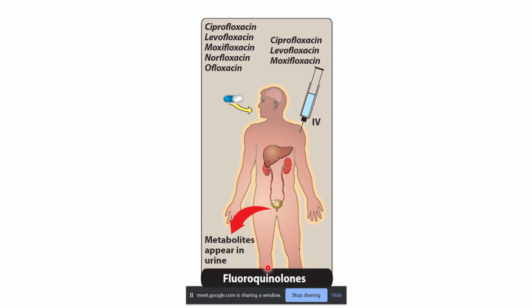As for pharmacokinetics, almost all of these antibiotics can be given orally or intravenously. Norfloxacin and ofloxacin are only available orally, and all of them are eliminated by urine.